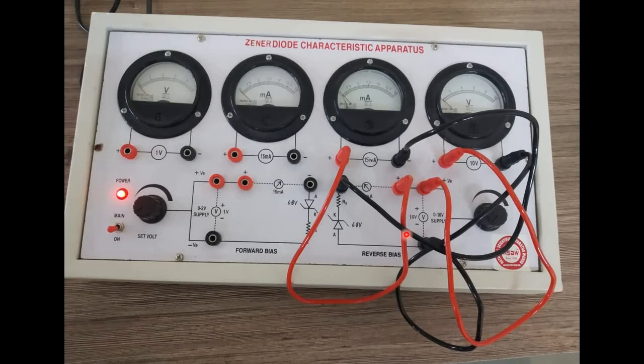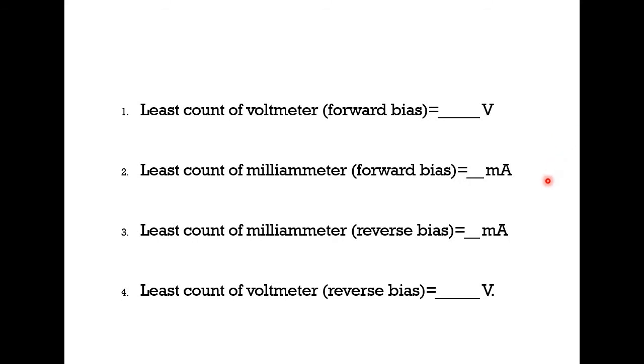So while studying the forward bias characteristics, you have to make the proper connection over here, and the same for the reverse bias. Okay. So after this, before going towards the actual measurement, you need to calculate the least count of all the voltmeters and milliammeters provided over there.